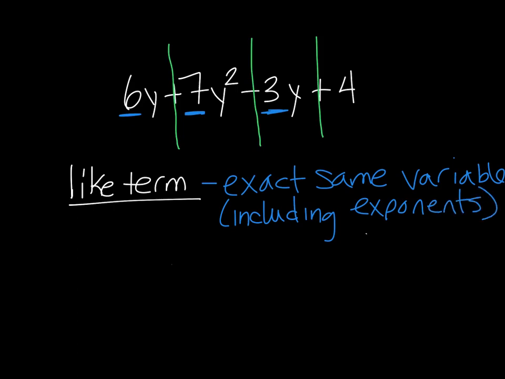Do you see how up here I have the 6y and I have a 7y squared? Those are not like terms because this y squared has a squared on it, whereas these y's do not have squareds. So like terms here would be 6y and 3y, because they have the exact same exponent. 7y squared is not a like term with any others because there's no other 7y squareds.